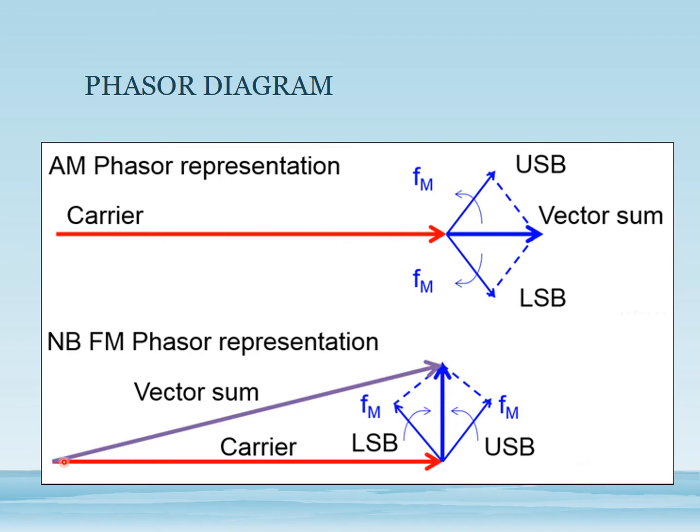When you extend from the start of the carrier to this point, it gives you the vector sum, which is the resultant frequency. So this indicates the direction of the carrier, the direction of the resultant signal, and the upper and lower sideband frequencies.